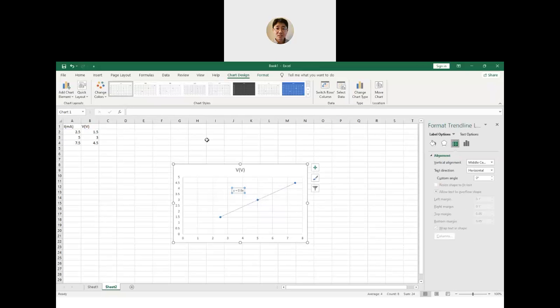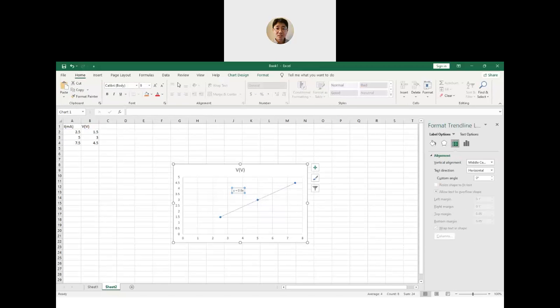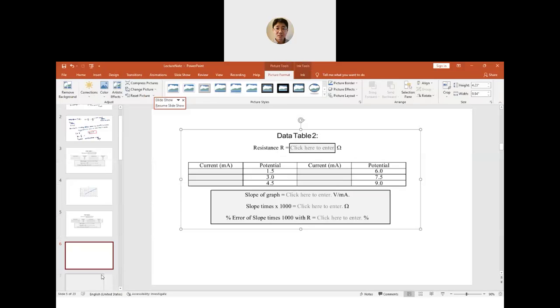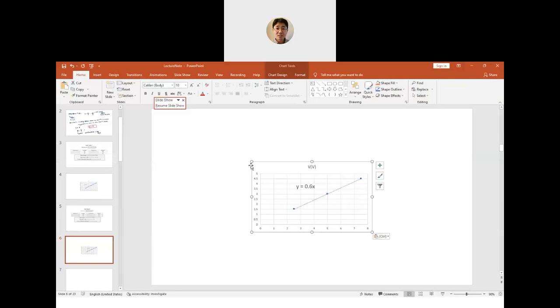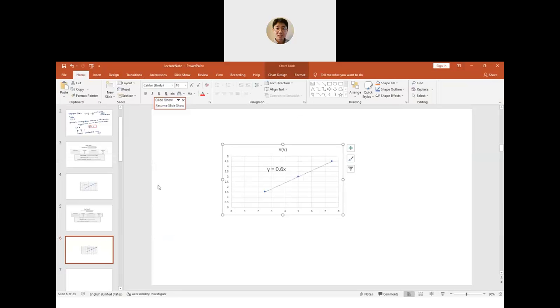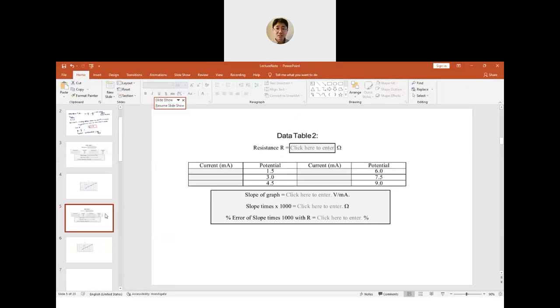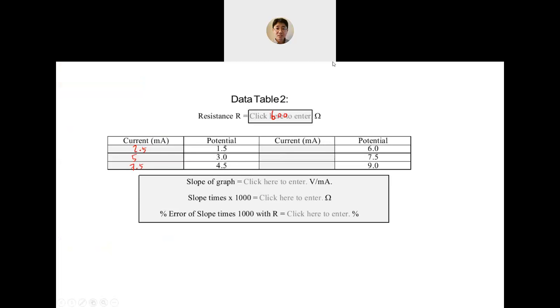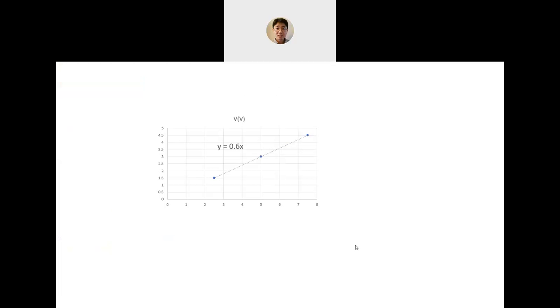This, as I said, is related to slope. 0.6 is the slope of this graph. So you can copy this graph. This one, then you can see here, as I said, slope is 0.6.